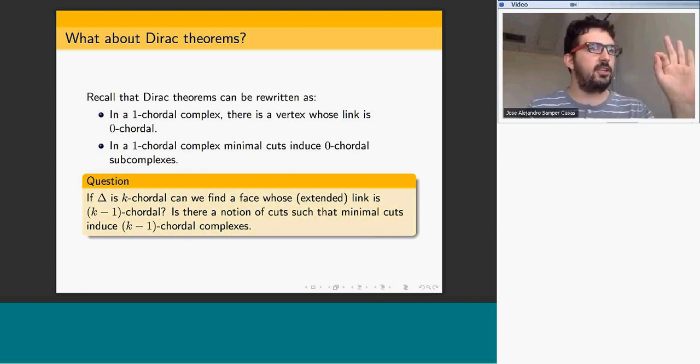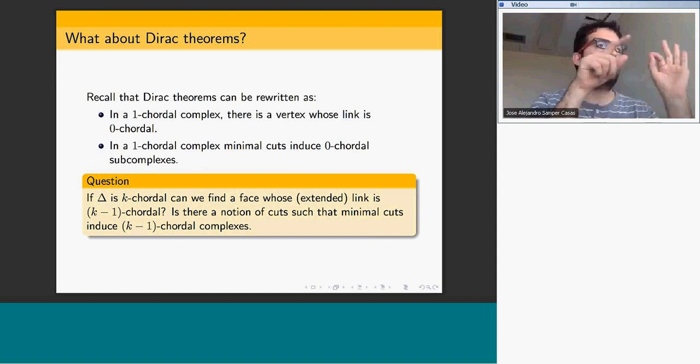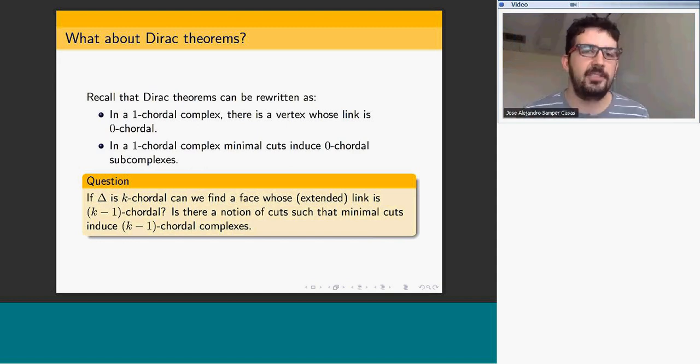Dirac's theorem tells us that there's a vertex whose neighbors induce a complete graph. We can actually say that in Dirac's theorem, in statements of homological chordality, in a chordal graph there is a vertex whose link is chordal.